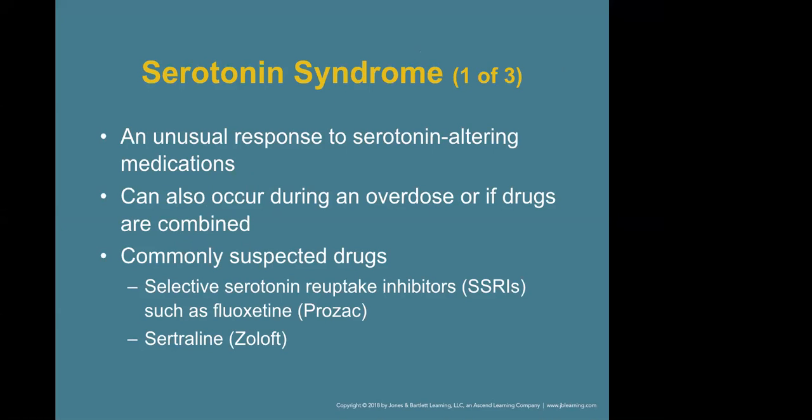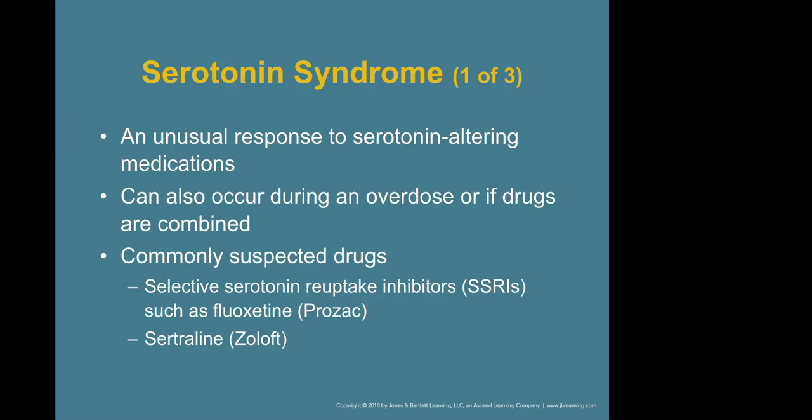So serotonin syndrome, I've seen this one up close about 3 or 4 times now. So these serotonin SSRI drugs, which are your Prozac, your Zoloft, most of your common antidepressants right now are SSRIs. They're the preferred antidepressant and anti-anxiety medication from PCPs.